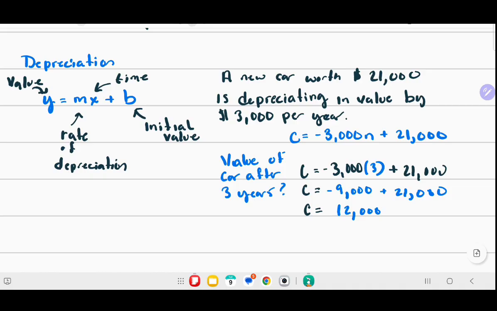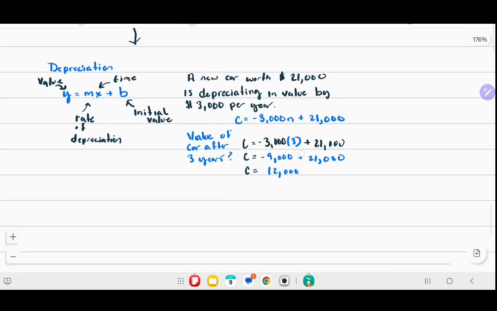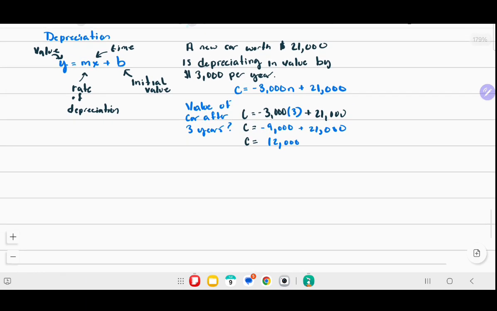All right. How many years will the car be worth half of its initial value? Let's write that down.